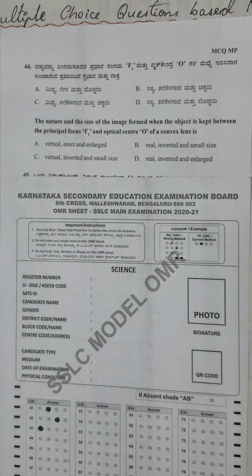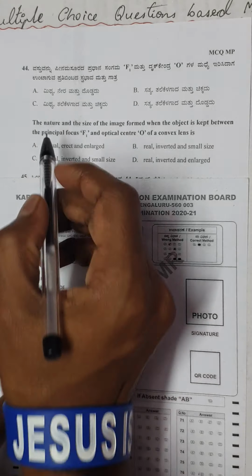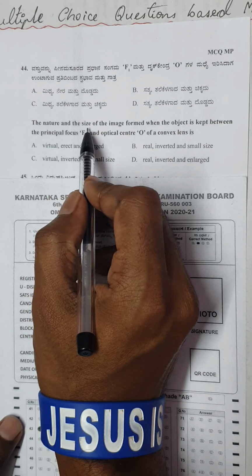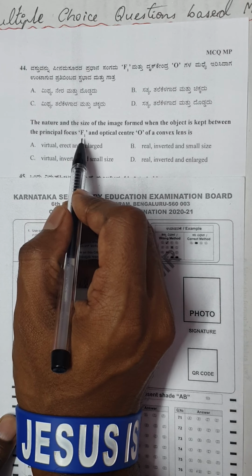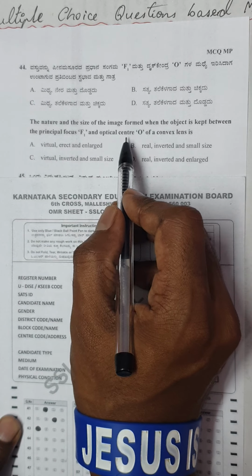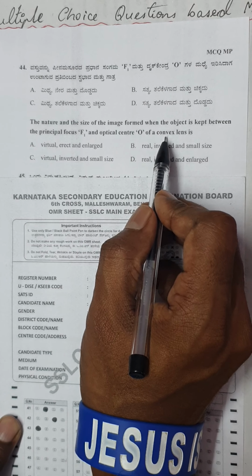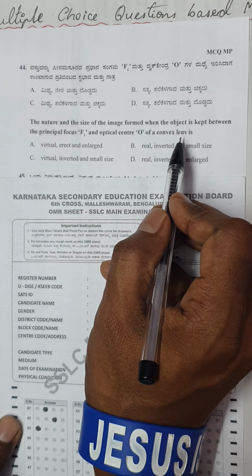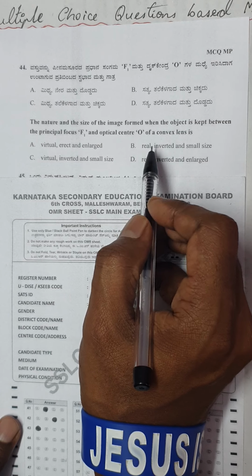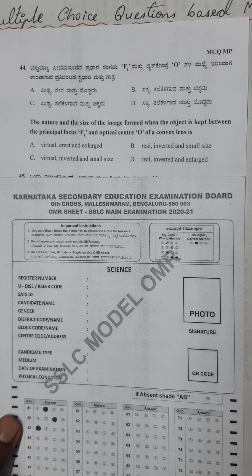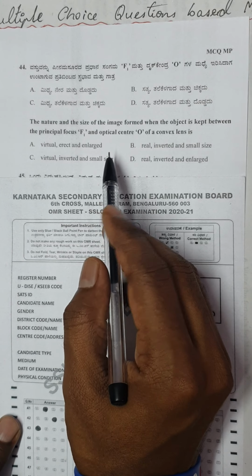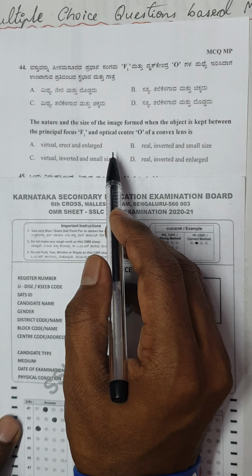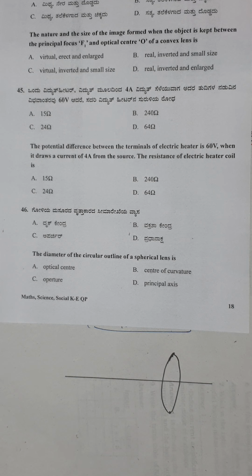So question number 4 is as follows. The nature and the size of the image formed when the object is kept between the principal focus F1 and the optical center O of a convex lens is... Okay, hope you know the concept of this. There are 6 cases for this depending upon where the object is kept. Okay, right.